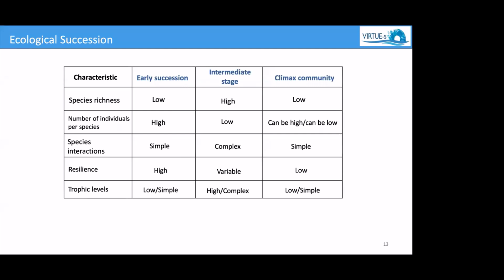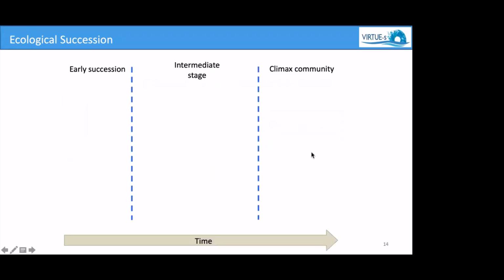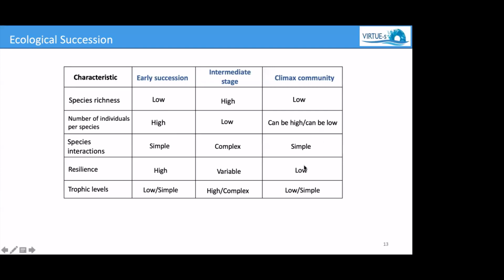So there is a complex species interaction because at this stage of succession the fittest species will start to dominate over the other species to form the climax community, wherein it will just be simple, as the species richness is low.